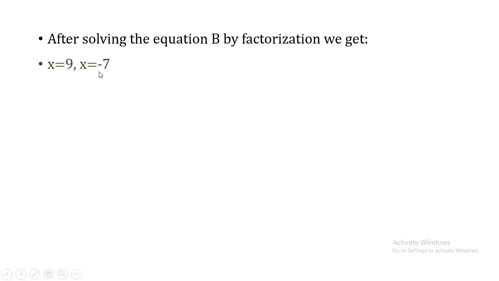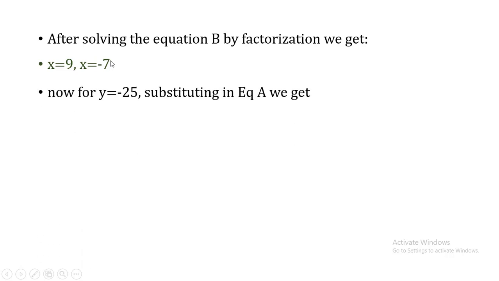Now these are the two answers that I got after applying any method of solving a quadratic equation: x equals 9 and x equals minus 7. Furthermore, I'm going to substitute the second value of y, which was minus 25, in equation A. If I substitute this value, this is my final equation: x square minus 2x plus 25 equals 0.